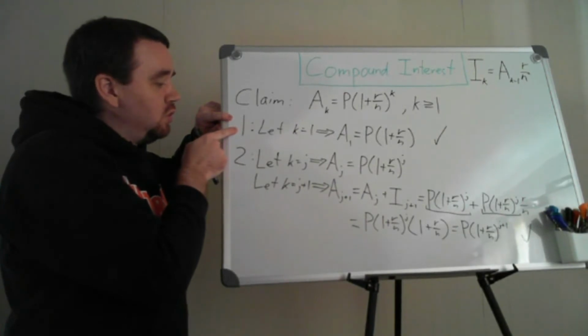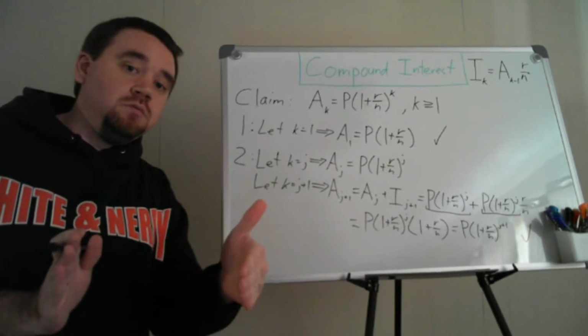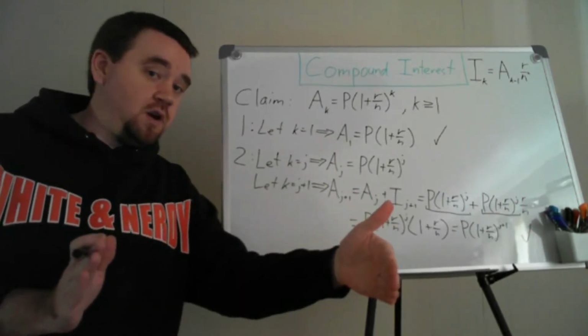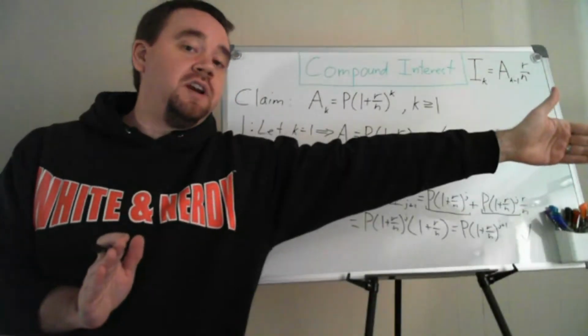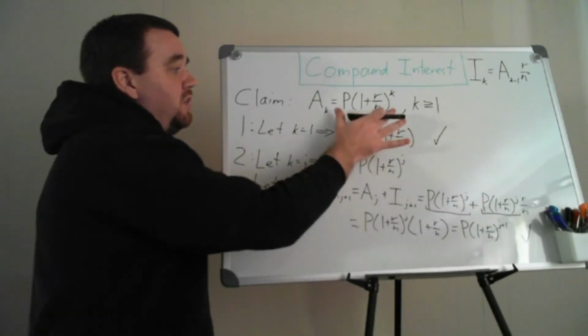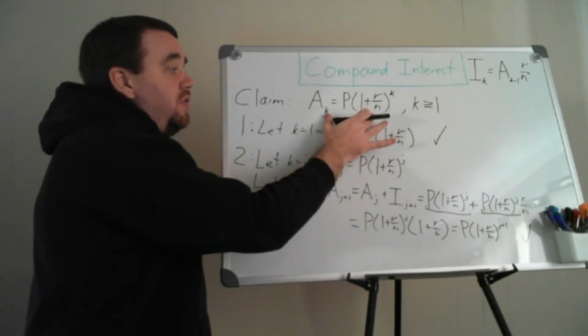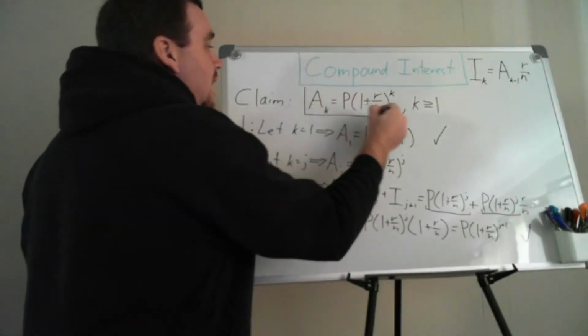It's true when it equals 1. So I know it works at 1, so it must work at 2. And since I know it works at 2, it must work at 3. I know it works at 3, it must work at 4, and 5, and 6, and 7, and all into infinity. All the natural numbers. So for any natural number k, this turns out to be true. And thus, this is our formula for compound interest.